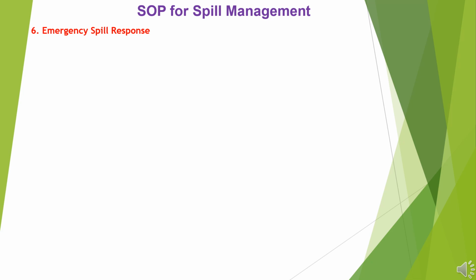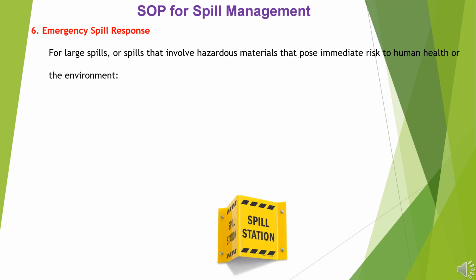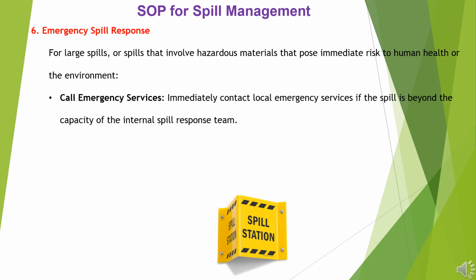6. Emergency spill response. For large spills, or spills that involve hazardous materials that pose immediate risk to human health or the environment, call emergency services. Immediately contact local emergency services if the spill is beyond the capacity of the internal spill response team.